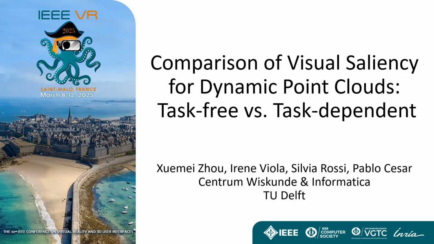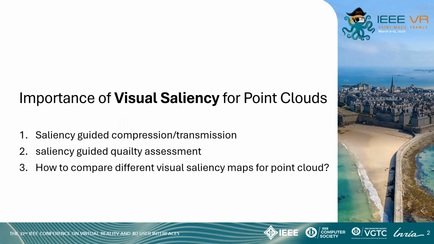Today I will introduce our work about visual saliency. Before we get into the real work, I would like everyone to know the importance of visual saliency, because it can help with point cloud compression algorithms, transmission pipelines, or quality assessment.